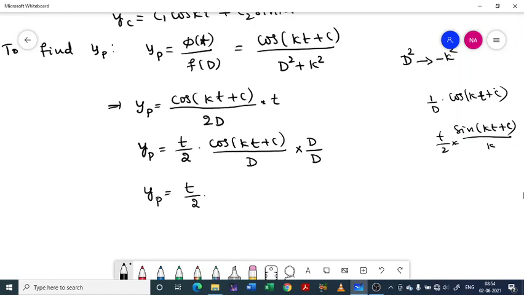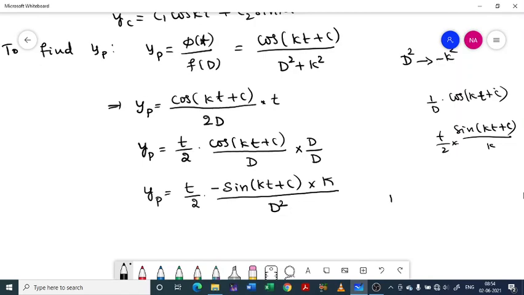Shall I write it directly? Derivative of cos of kt plus c: derivative of cos is minus sin. So minus sin of kt plus c into the derivative of the inner function k, divided by d square.